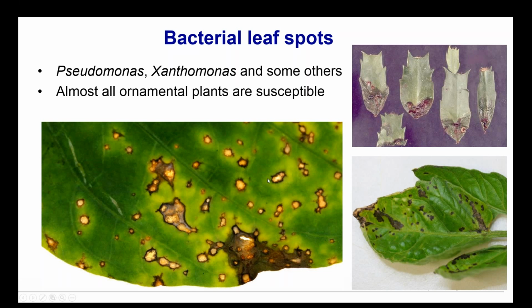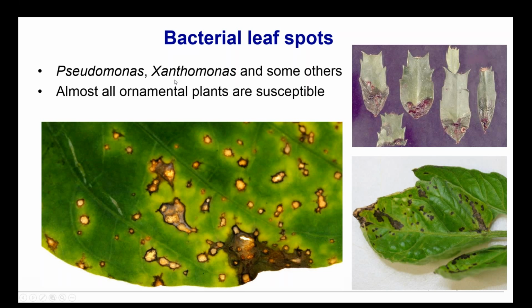They will often have a yellow halo around them, but not always. And by the same token, some fungal spots will look very similar to bacterial leaf spots. Sometimes bacterial leaf spots will cause a soft rot, and with that said, some fungal pathogens will also cause a soft rot symptom.